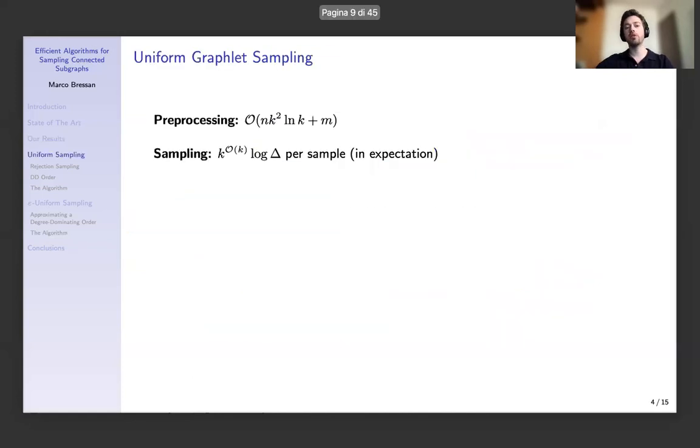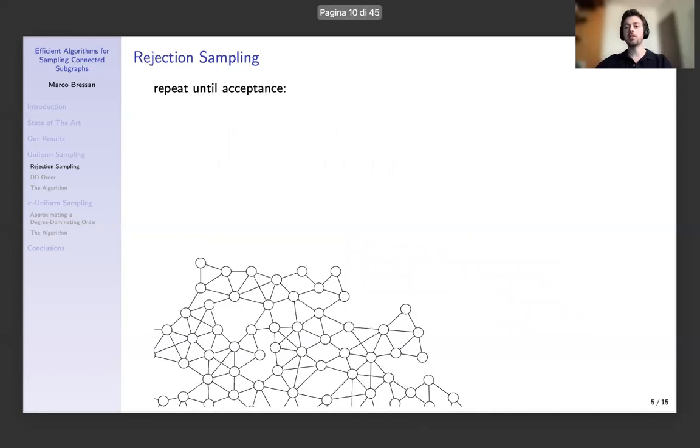Let me start from the uniform graphlet sampling algorithm. I recall that I claimed that we can achieve a preprocessing time of basically n plus m, and a sampling time that is logarithmic in the maximum degree of G. Let me start with a very generic approach, which shows the limitations of rejection sampling and how we overcome that.